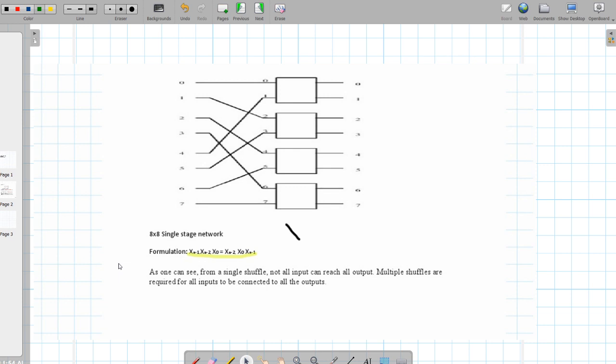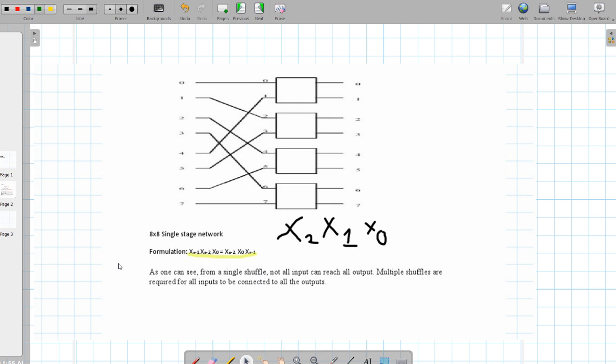Say you have a number x2, x1 and x0. You will rotate every bit towards its left, or shift every bit towards its left by one position.